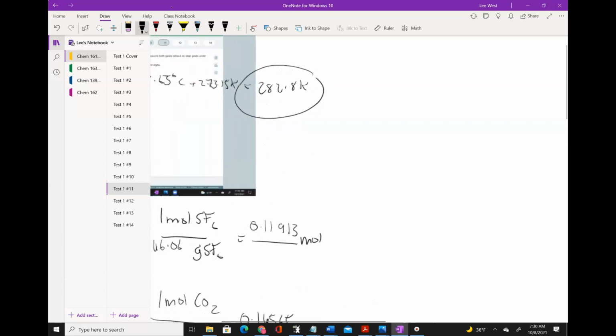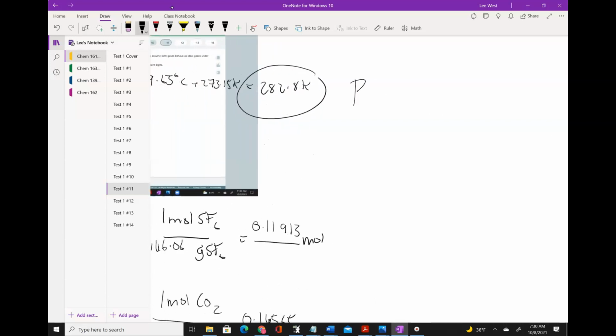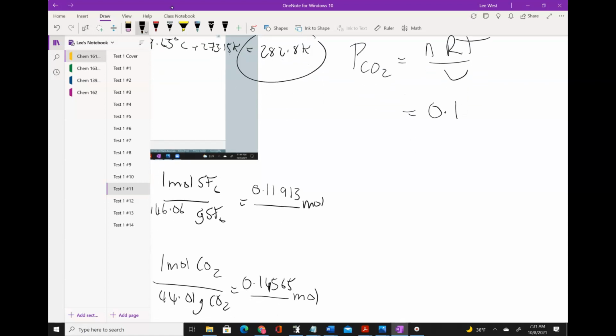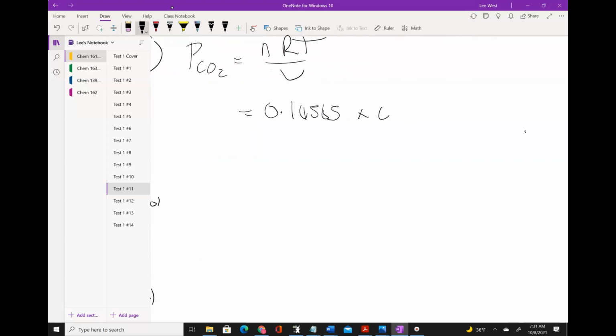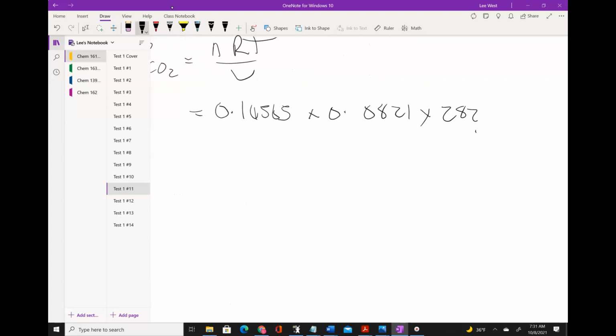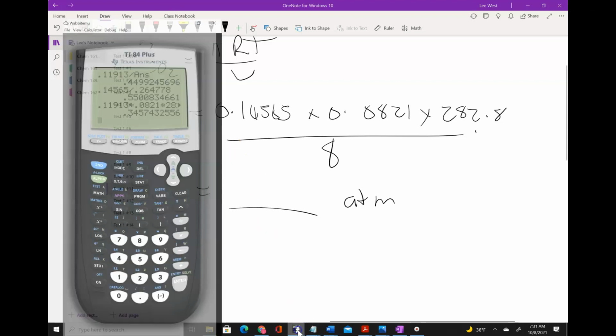Alright, you need to show your work clearly to be successful with this one. Okay, so pressure of CO2, same deal, nRT on V. There's our moles there, 0.14565. R is the ideal gas constant, 0.0821, and the temperature was 282.8. Our volume is 8 liters, okay? And that's going to be in atm, and we're going to round to 3 significant figures.